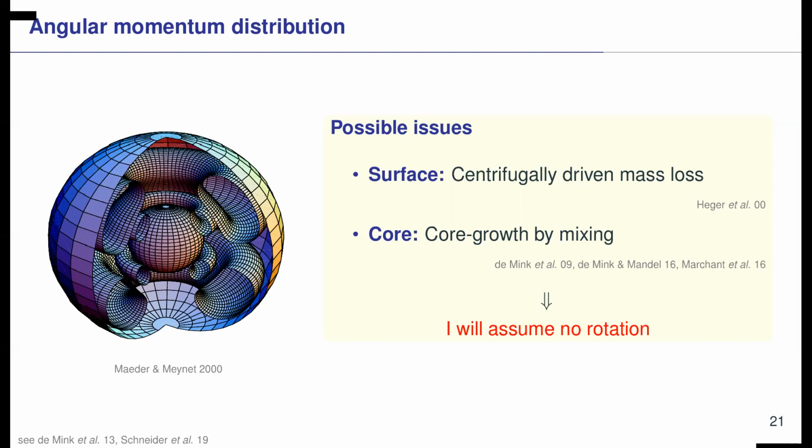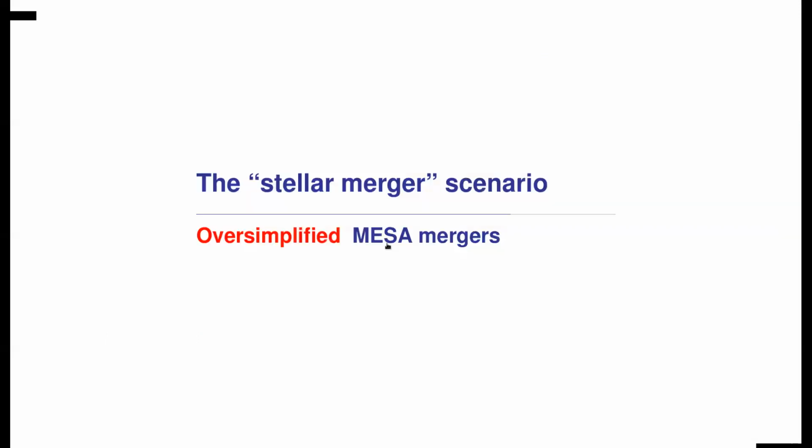So if we follow these assumptions for the merger process, we can then build by hand a merger model, which will clearly be oversimplified because of the way we're treating the merger. And to build this merger model, the ingredients that I have are the two stellar structures at the time of the merger.